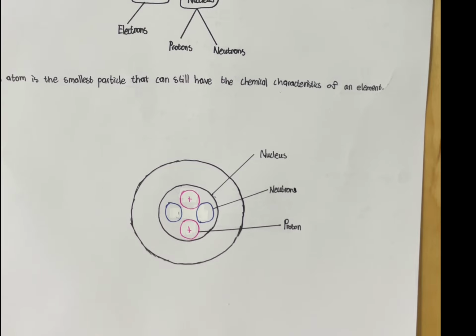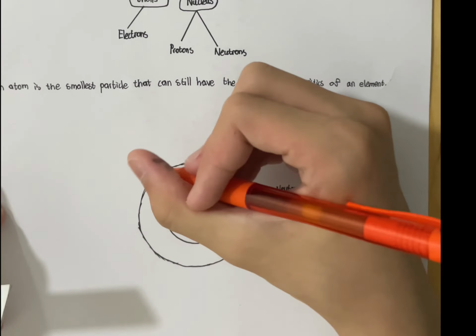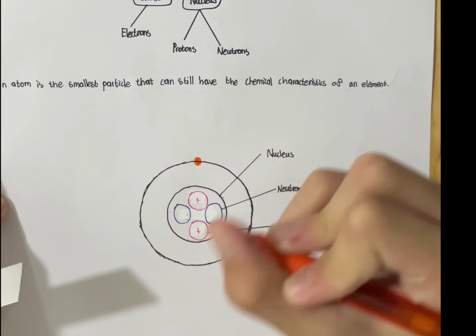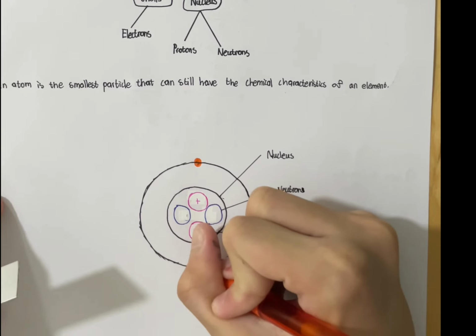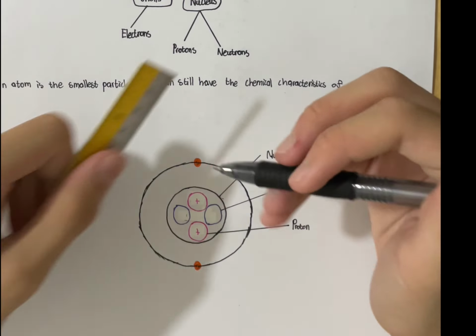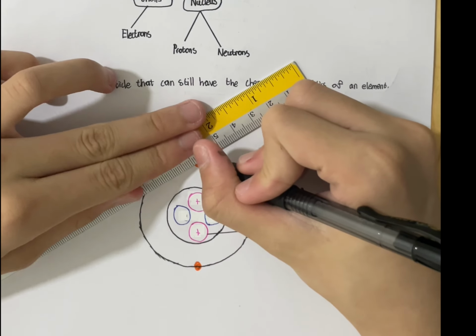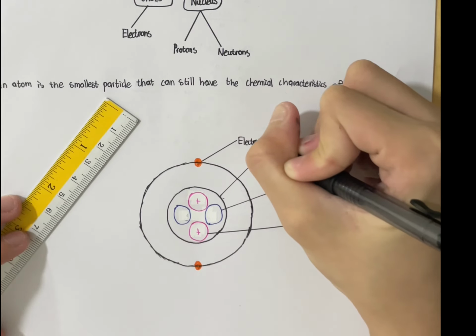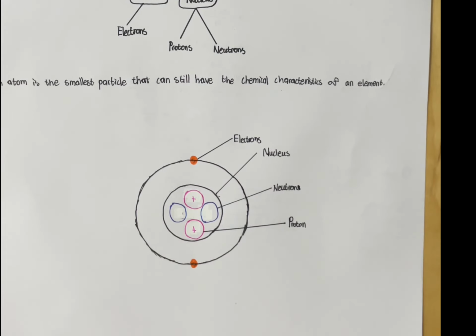And then, as you progress outside of the nucleus, you will find these little things. These are known as electrons.